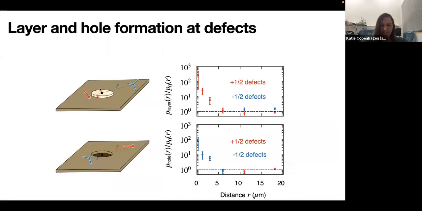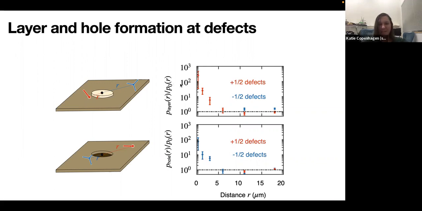So we can look systematically at all of the events of a new layer forming, and then measure the distance between that new layer formation event and all of the defects of each charge. The red points here are the probability distribution function of the distances between positive defects and new layers.